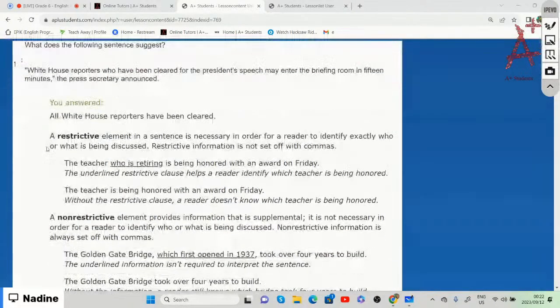White House reporters who have been cleared for the president's speech may enter the briefing room in 15 minutes, the press secretary announced.